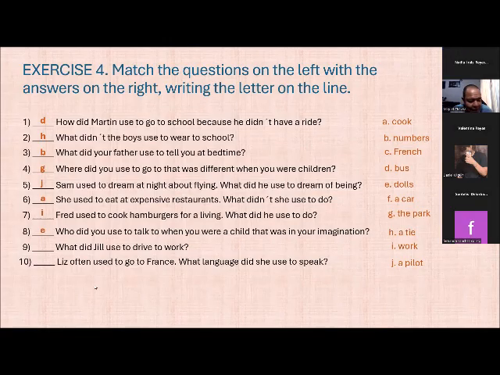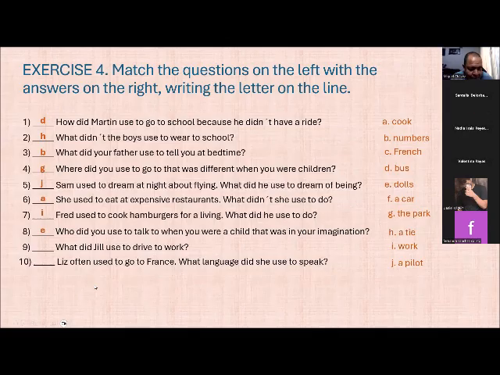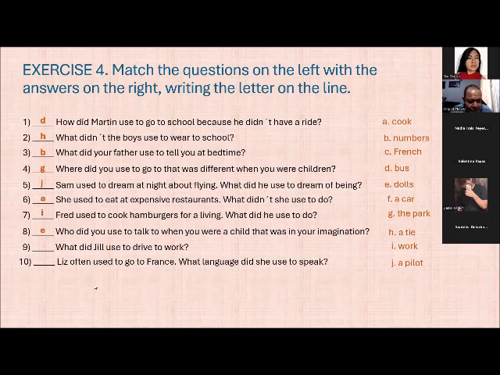Then Nadia, please, number 9. It would be F. Yes. What didn't Jill use to drive to work? Exactly. A car. Then Nai Osorio, the last one, please.